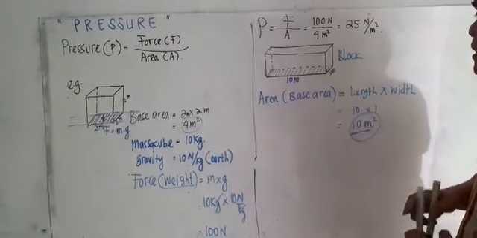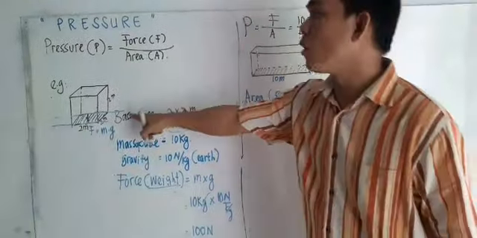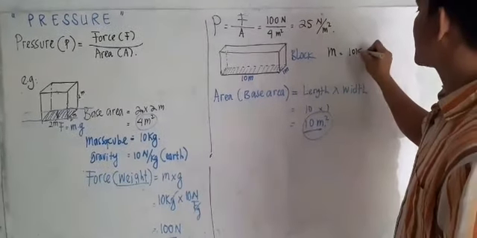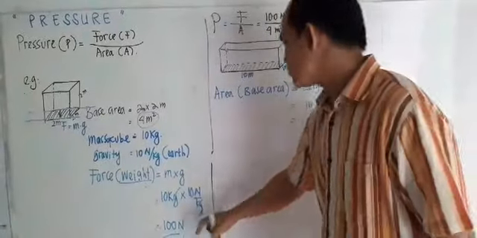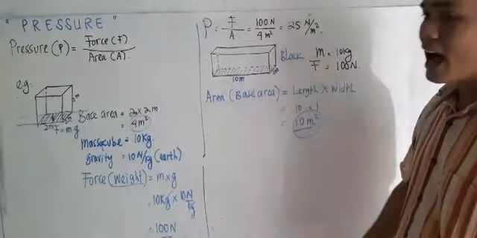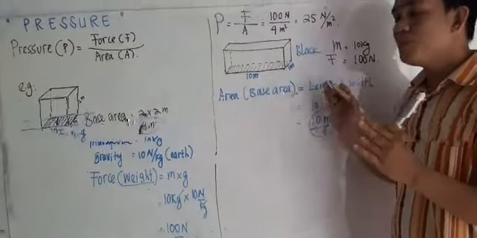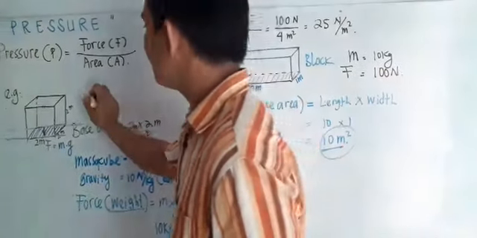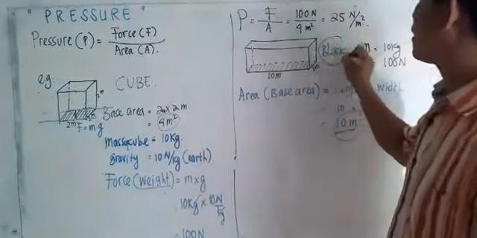If I tell you that the mass of the block is the same as the mass of the cube, which is 10 kilograms, and it has the same force, 100 Newton, I ask you: which object has the highest pressure, the cube or the block?